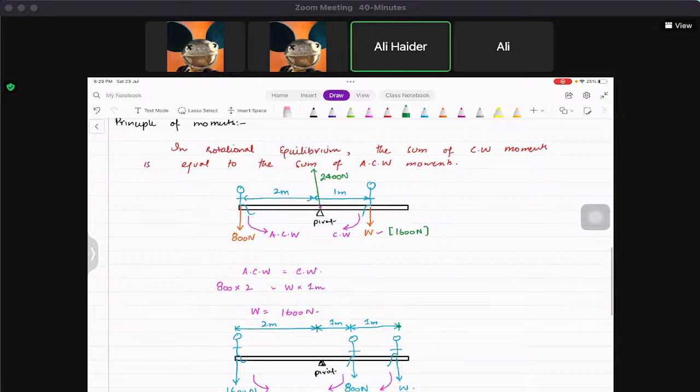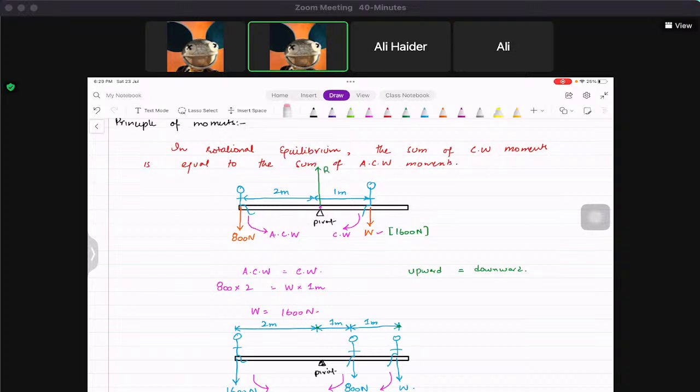So can you please repeat? Yes. You see, the upward forces should be equal to the downward forces, because not only should the moments be balanced, but the forces should be too. So the upward force is the pivot's reaction, right?